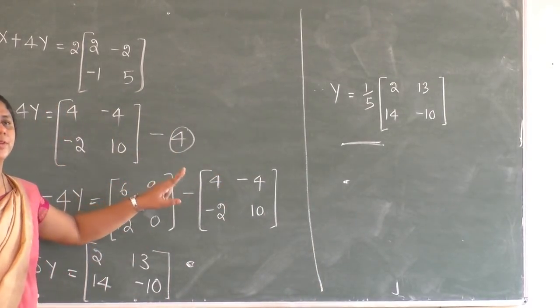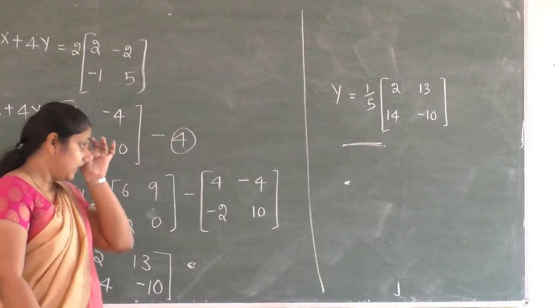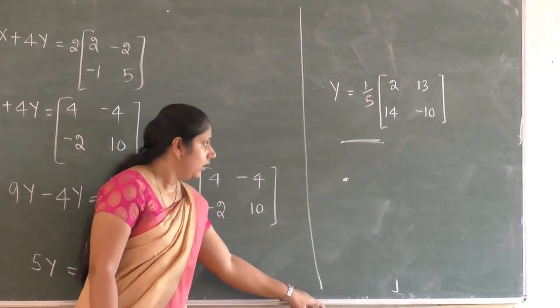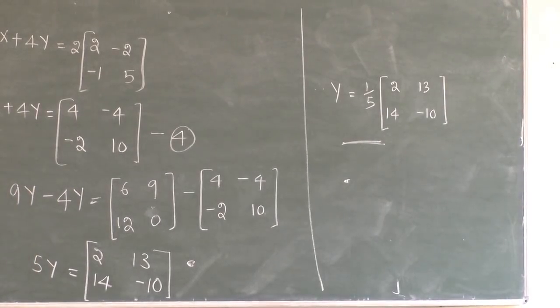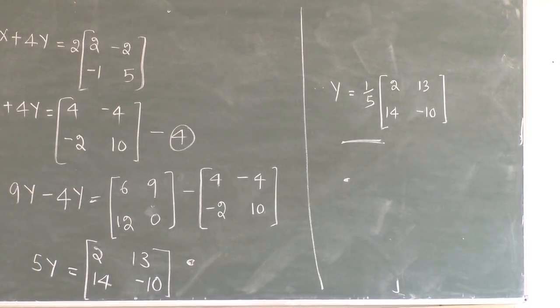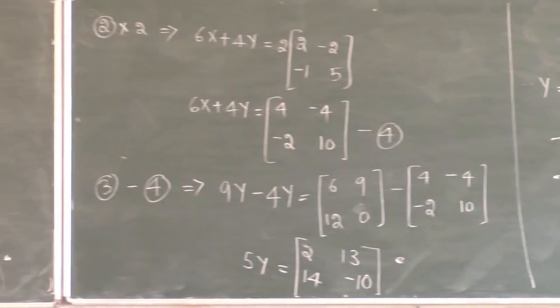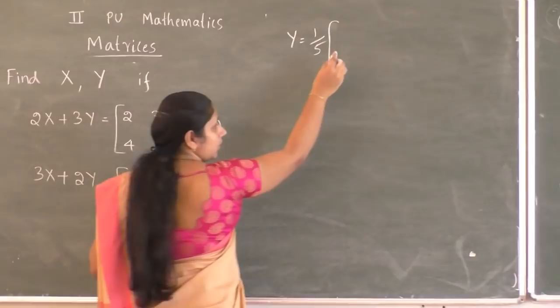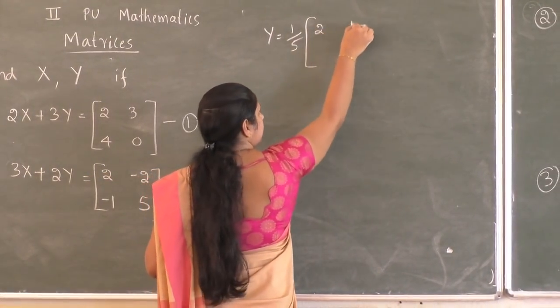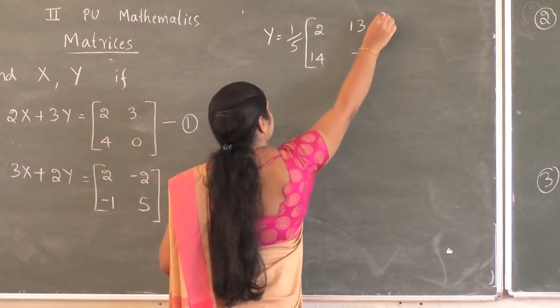Now we have to substitute this y in one of the equations, then we will get the value of x. So we have y equal to 1 by 5 into 2, 13, 14, minus 10.